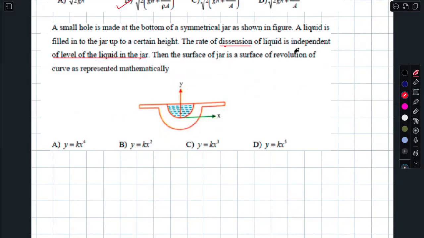This is a very, very important line in the entire question. I will highlight this: independent of level of liquid in the jar. Then the surface of the jar is a surface of revolution of a curve, like a paraboloid.